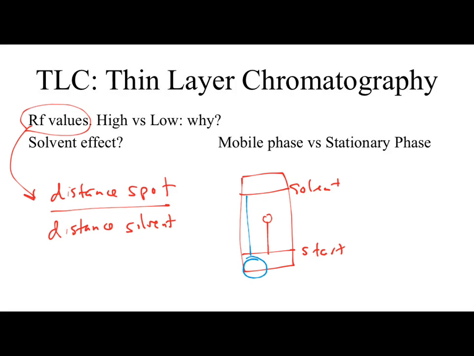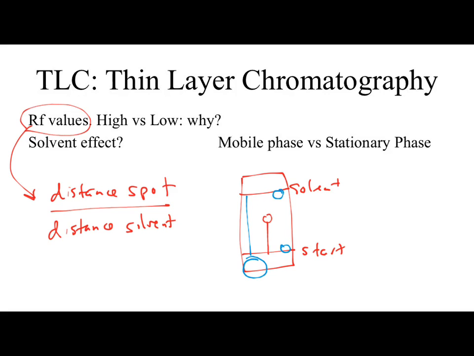If you get a high RF, what does that mean? Did your spot travel a lot or a little? A lot. So if we look at our extremes, if our spot traveled with the solvent, the very top, the distance traveled by our spot divided by the solvent, if the numbers are the same, it's 1.